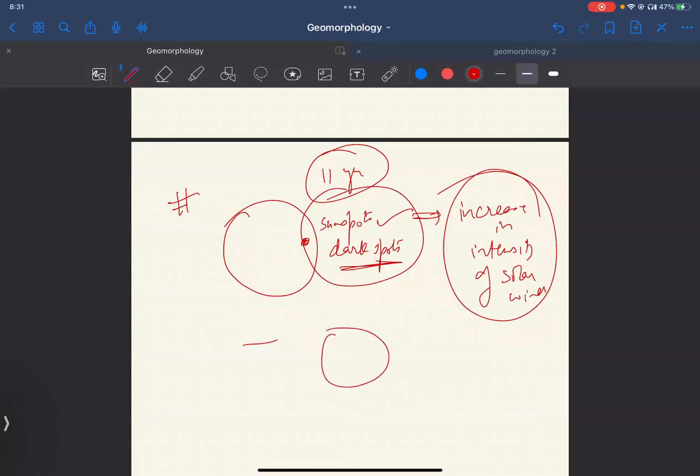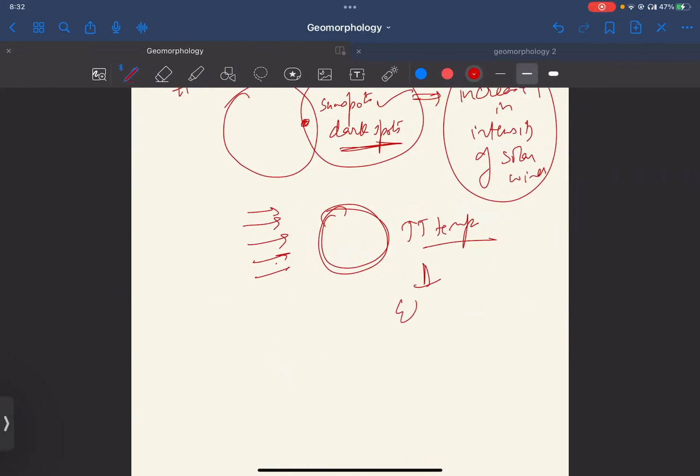So because of this, there is an increase in solar winds and more solar winds reach the Earth's surface, so it increases the temperature. We'll see in detail how it causes El Nino and La Nina phenomena. Basically, it is associated with the Eastern Pacific Ocean.